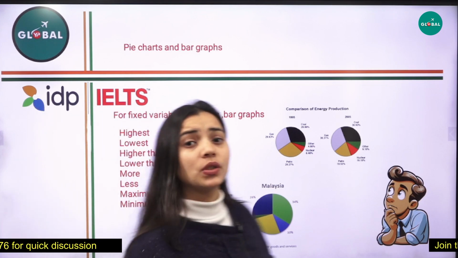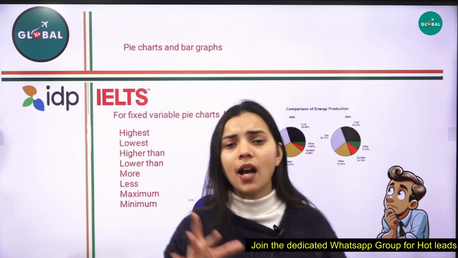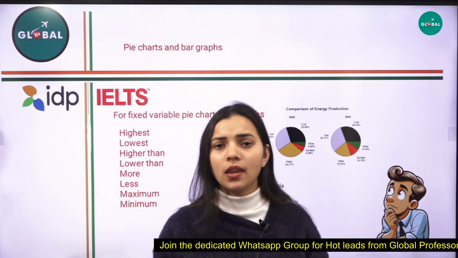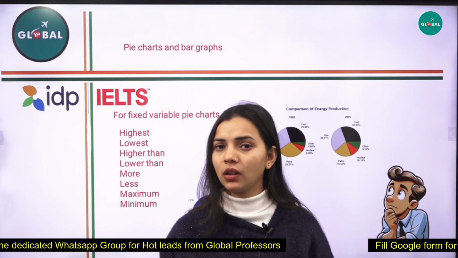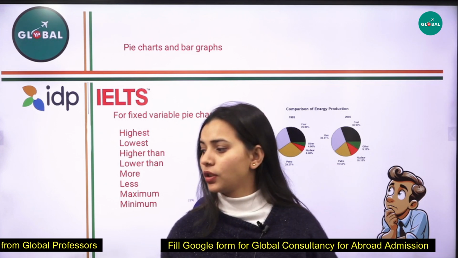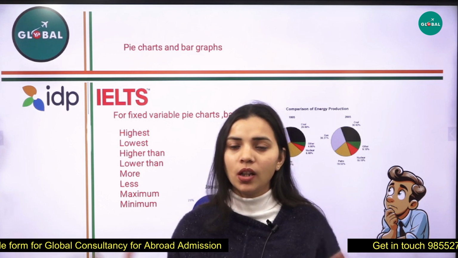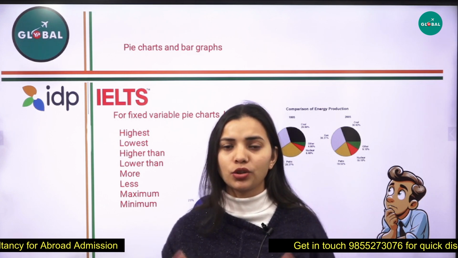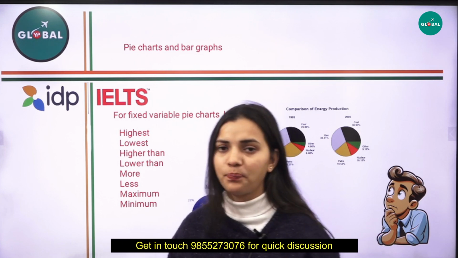And when your data is fixed, you have a fixed variable, then how do you showcase the words in comparisons, while you're framing your introductory part, while you're writing a summary, while you're writing your conclusion, and how are you going to link your sentence structure, to make linkage between your ideas, right?